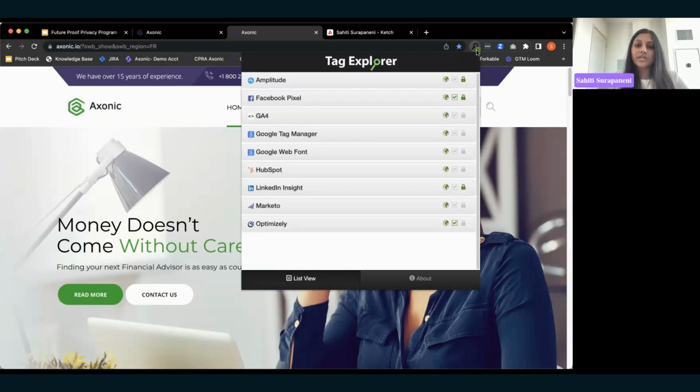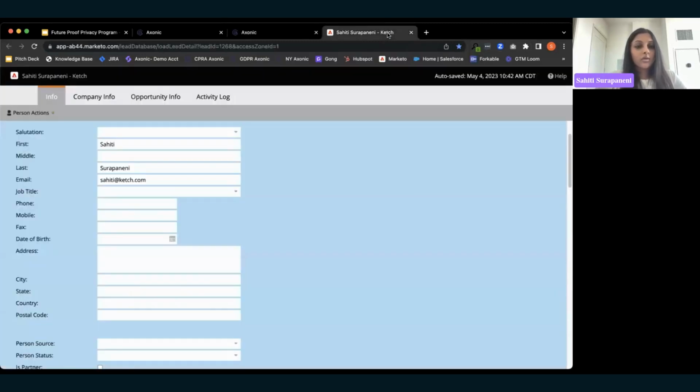Now that we have a fundamental understanding of this, let's jump into part 2 of consent orchestration, where you push these opt-in signals downstream to a system like Marketo. Marketo is a common system that marketing teams within organizations might leverage. As you can see within this Marketo instance, my first name, my last name, my email address is being captured.